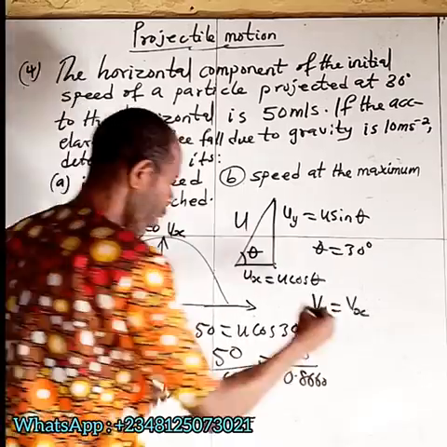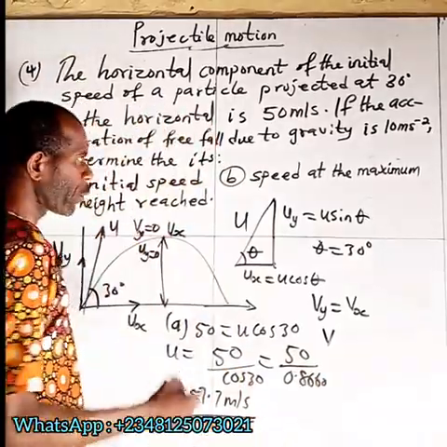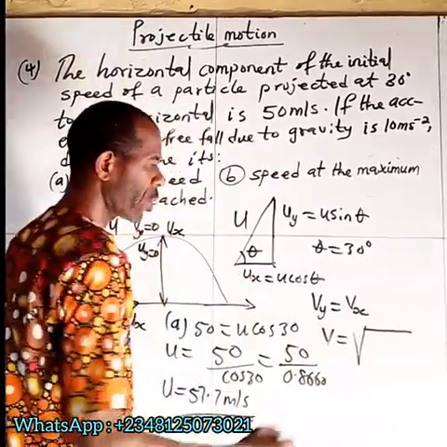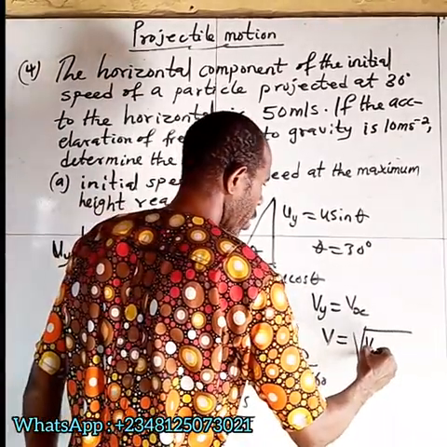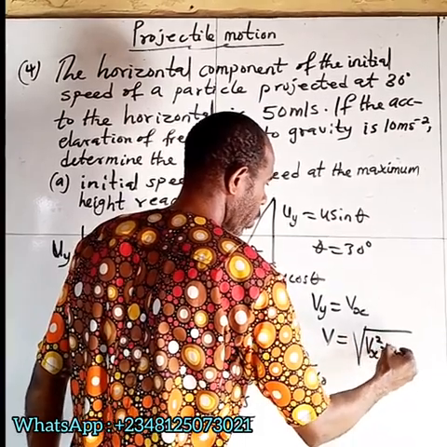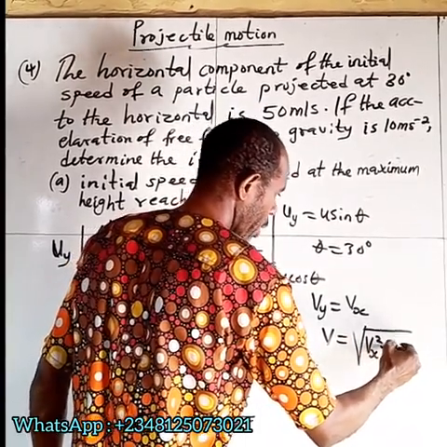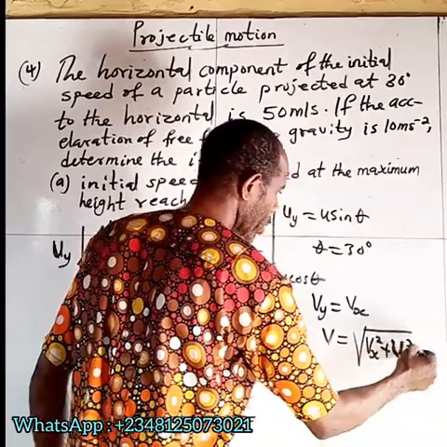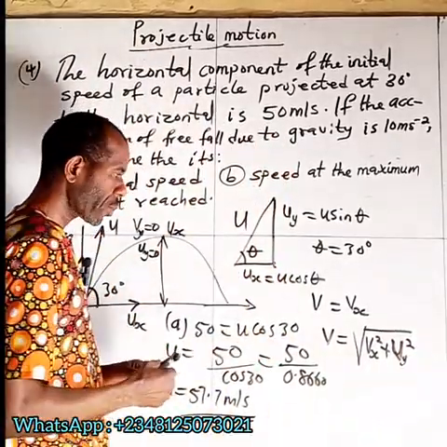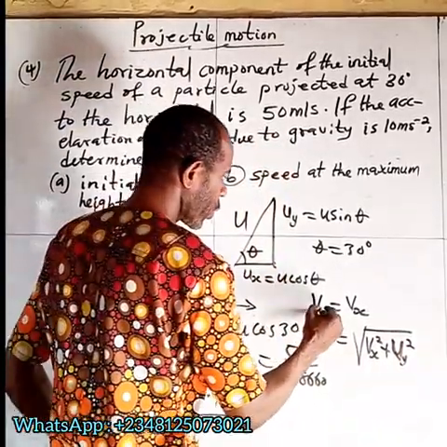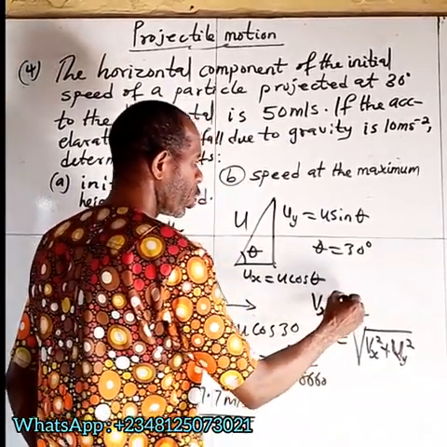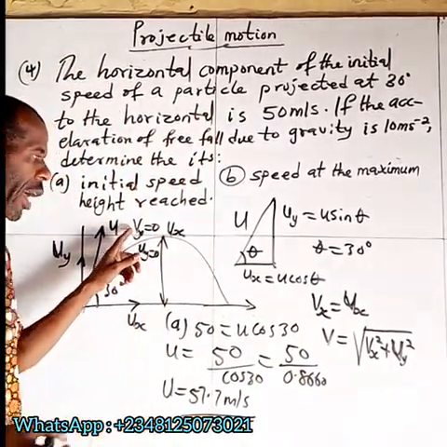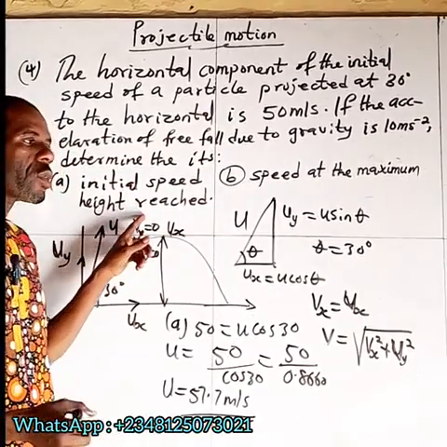So the velocity we are required to find at this maximum height is the resultant velocity: v equals square root of vx squared plus vy squared. At this point, vx is equal to ux. Sorry for that, it is not vy. vy at the maximum height is always 0.